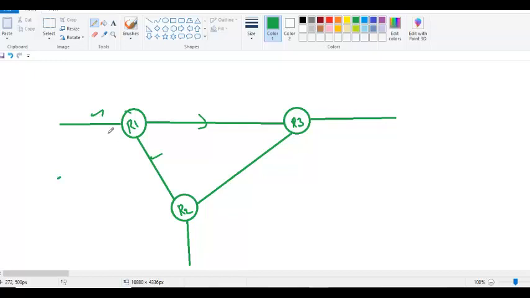Automatically the cost is calculated. And this link state information alone is shared to router 3. Likewise, router 3 will advertise to router 2 and router 1, and router 2 will advertise to router 1 and router 3. This is what is called link state advertisement. Link state information is shared.